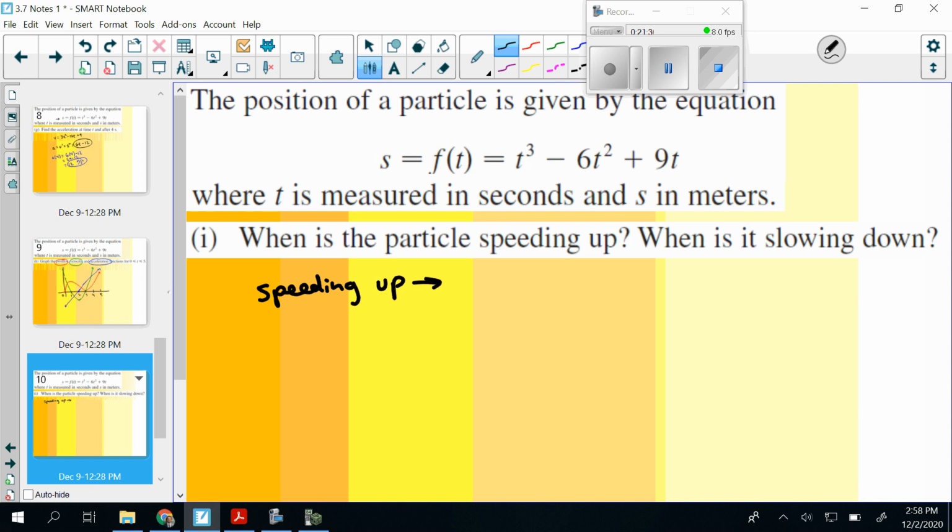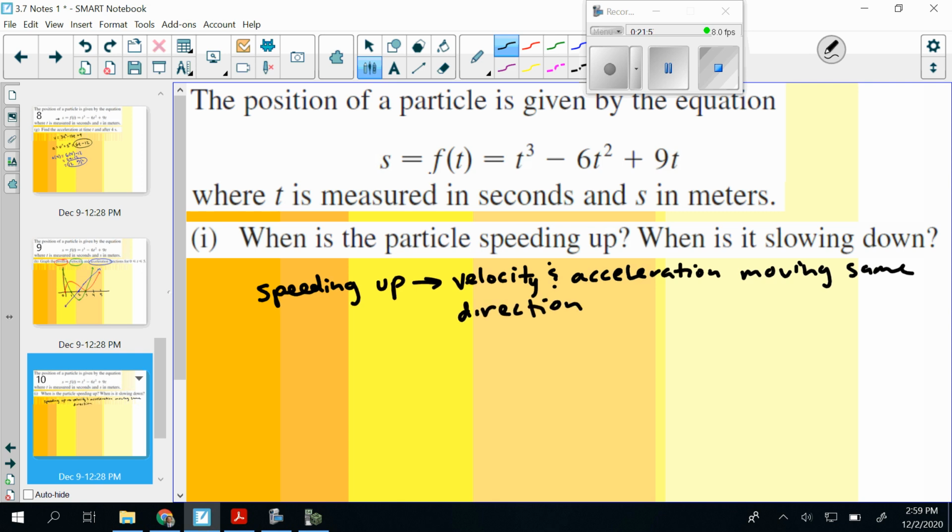That's going to happen anytime velocity and acceleration are moving in the same direction. And so in other words, they have the same sign, positive or negative.